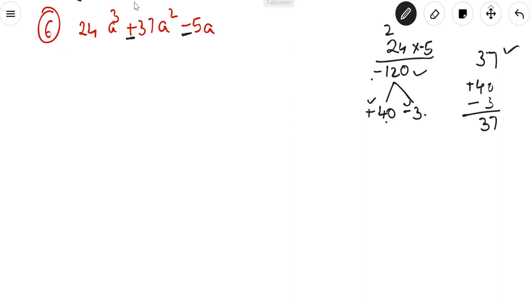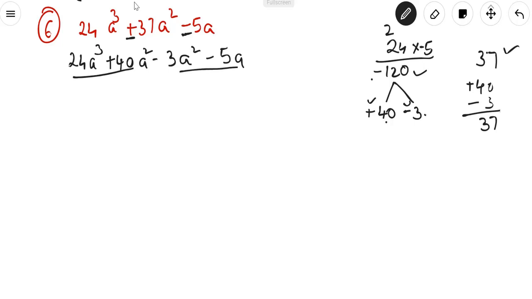So now we're going to write the equation: 24a to the power of 3 plus 40a minus 3a square and minus 5a. Now this one and this one I'm going to group, and this one and this one I'm going to group.